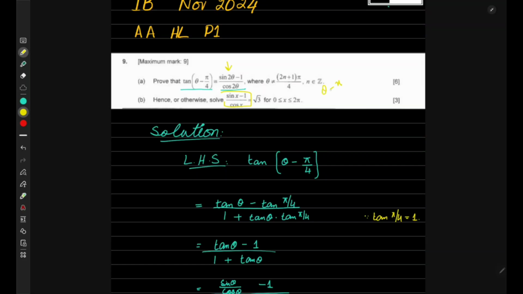When theta is equal to x by 2, then sin 2 theta will be equal to sin 2 into x by 2, which becomes sin x. Similarly, cos 2 theta will be equal to cos x.